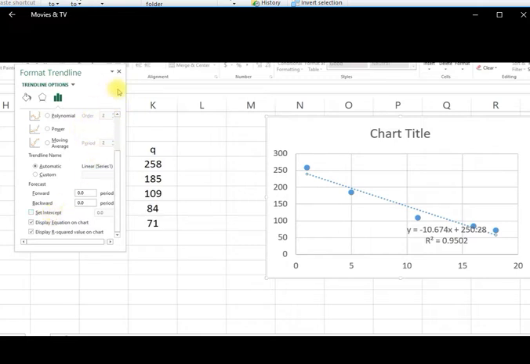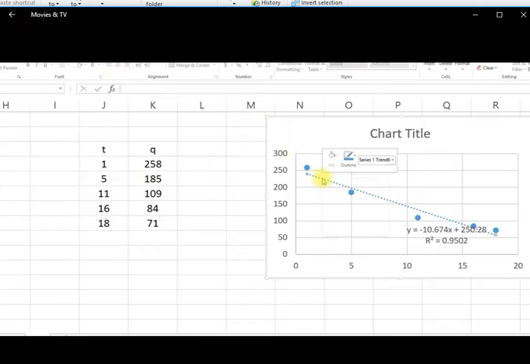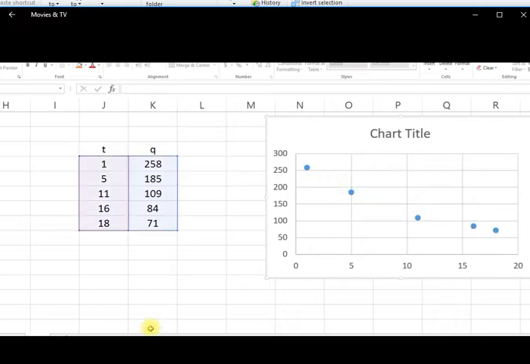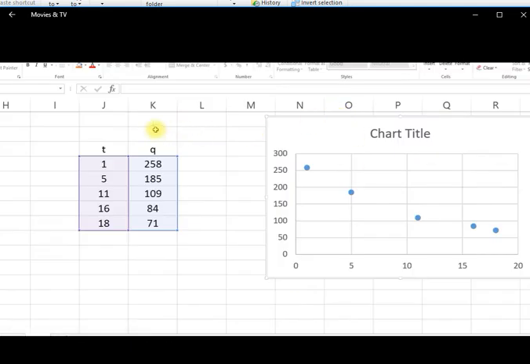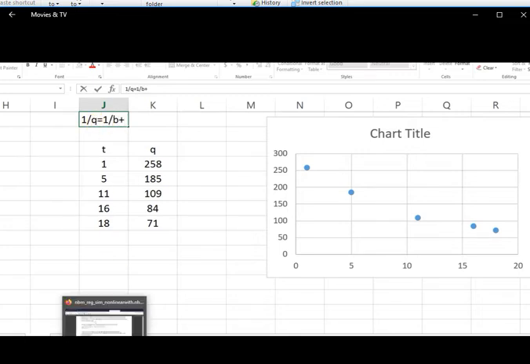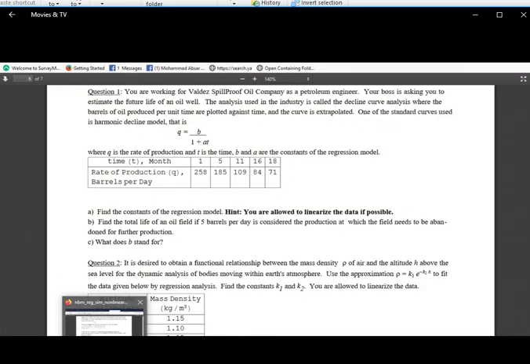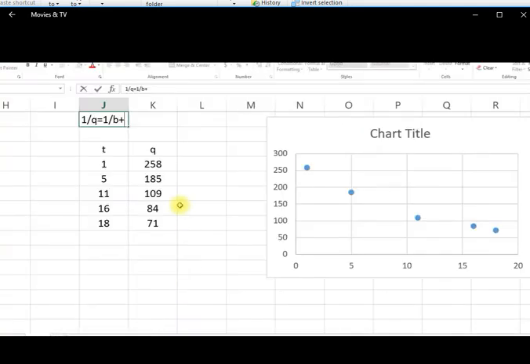So as the question says, fit this model. Q equals b plus 1 over 80. So basically the model will be like this: 1 over q equals 1 over b plus a over b, and time will come here.